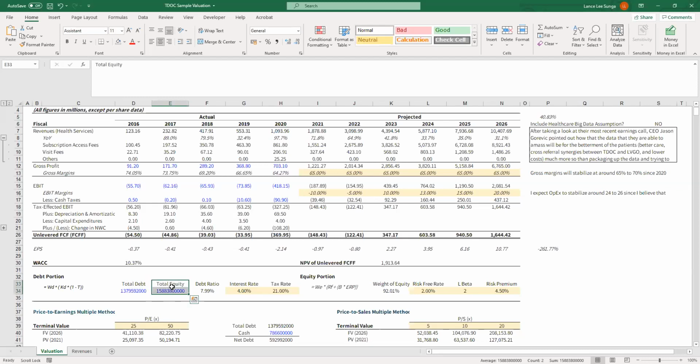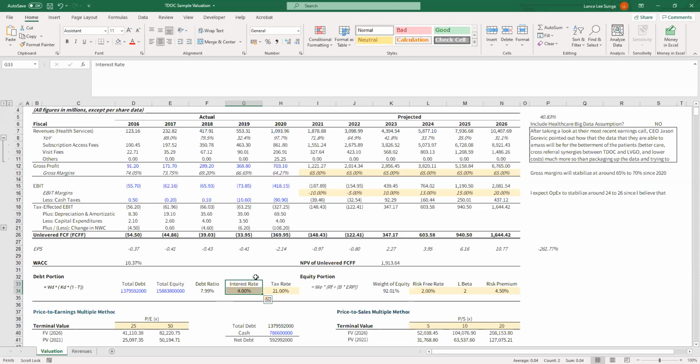And then the total equity can be your total equity account, right? And then for the weight of debt, it's just debt over the sum of total debt and total equity. So that's how you arrive at the weight of debt. And then the weight of equity is just one minus that, right?